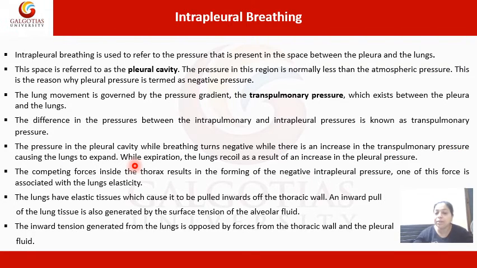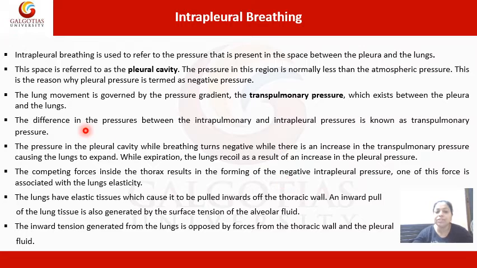So, if the pleural pressure decreases, the transpulmonary pressure increases, and vice versa. So, there are two different types of pressure, but they are working antagonistically with each other. While expiration, the lungs recoil as a result of an increase in the pleural pressure.